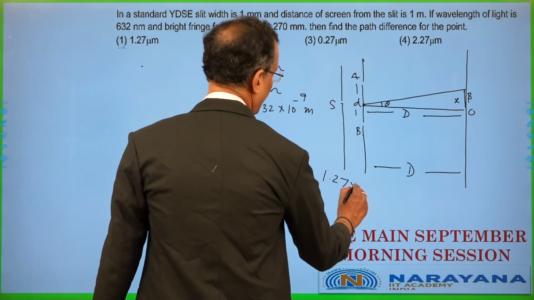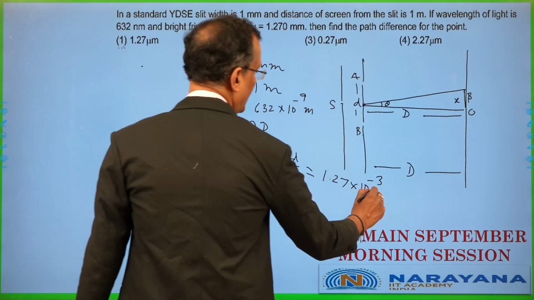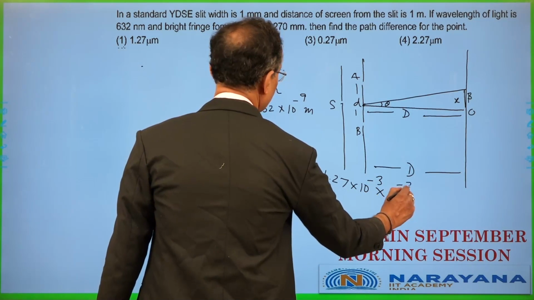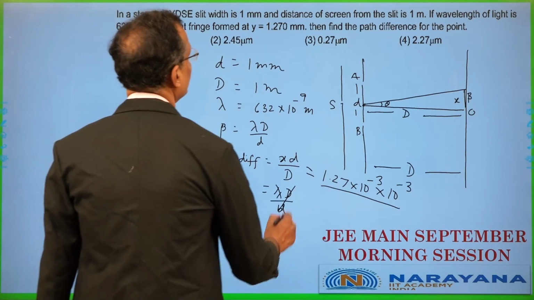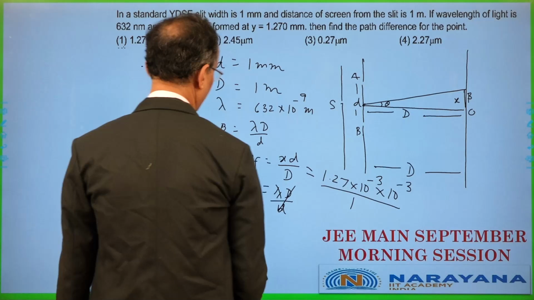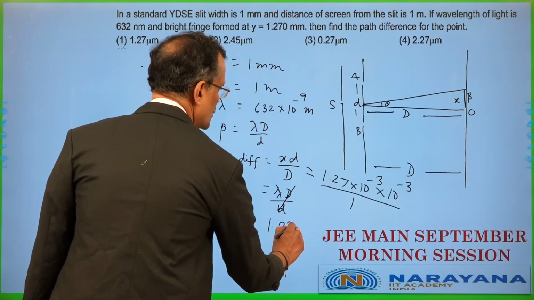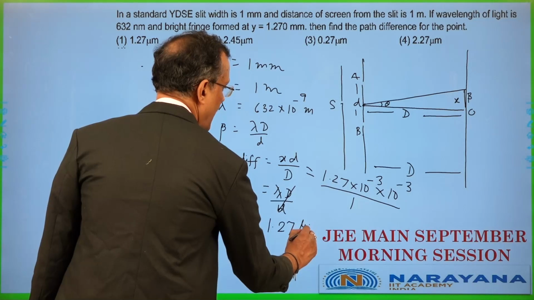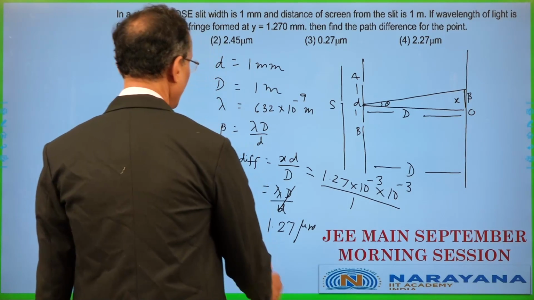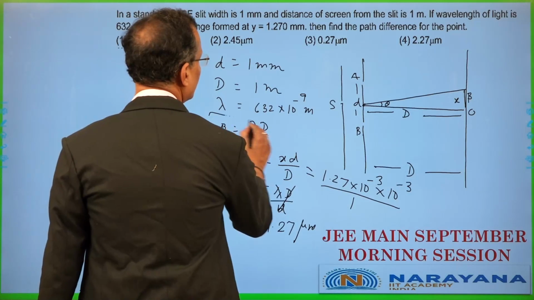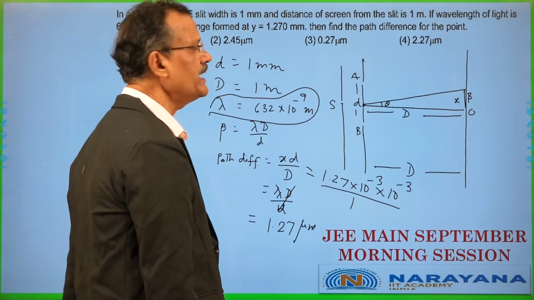Millimeter is 10 to the power minus 3, small d is 10 to the power minus 3, capital D is 1 meter. So I am going to get 1.27 micrometer. I don't need this lambda here, this will be required for beta.